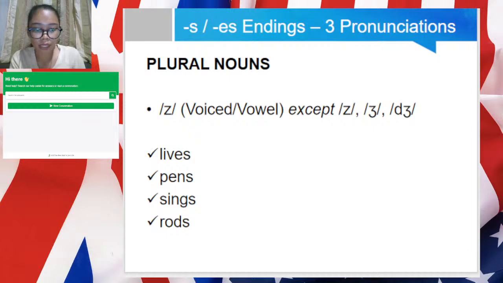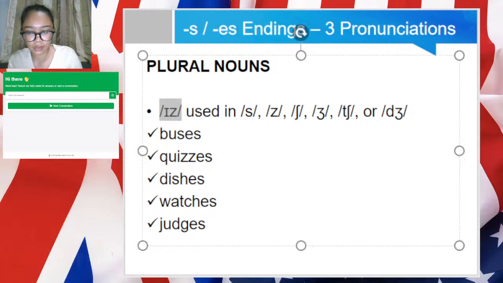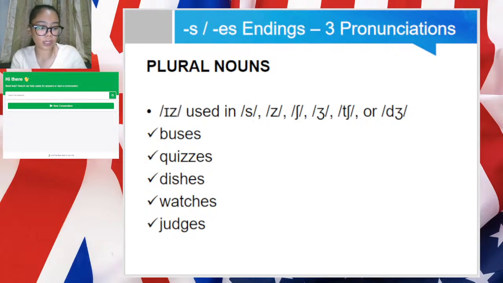Let's have the last rule for plural nouns for the suffixes s or es. The last rule, rule number 3, as you can see, is there a similarity between the third rule of the suffix ed sound?